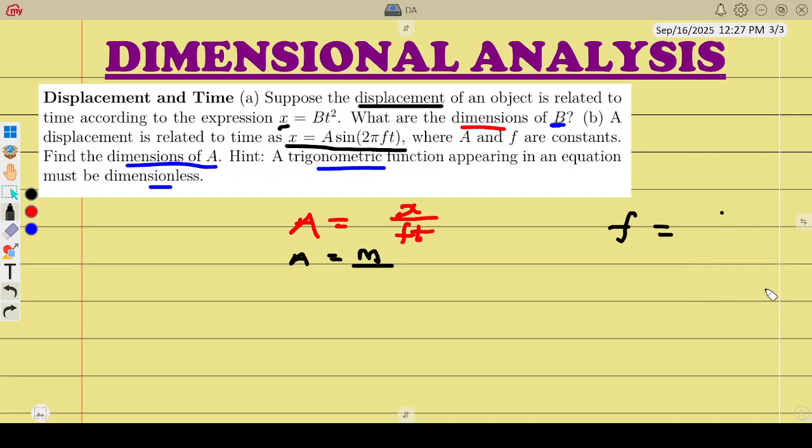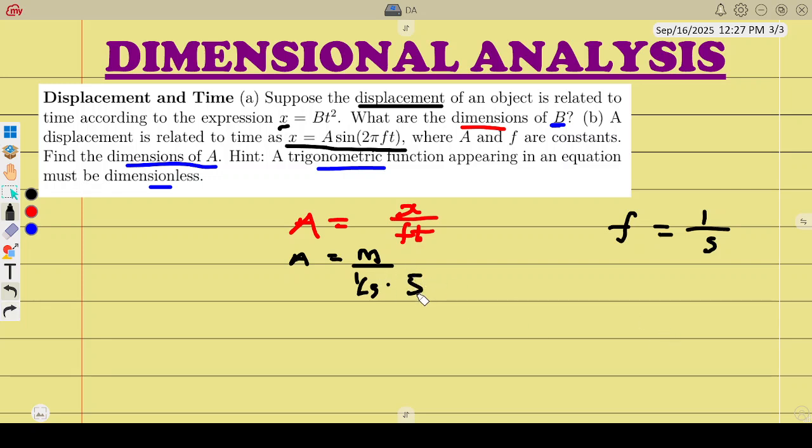If you want to write it as an SI unit, the units for frequency is 1 over S. So where there is frequency, we put 1 over S times time. The units for time are just seconds.